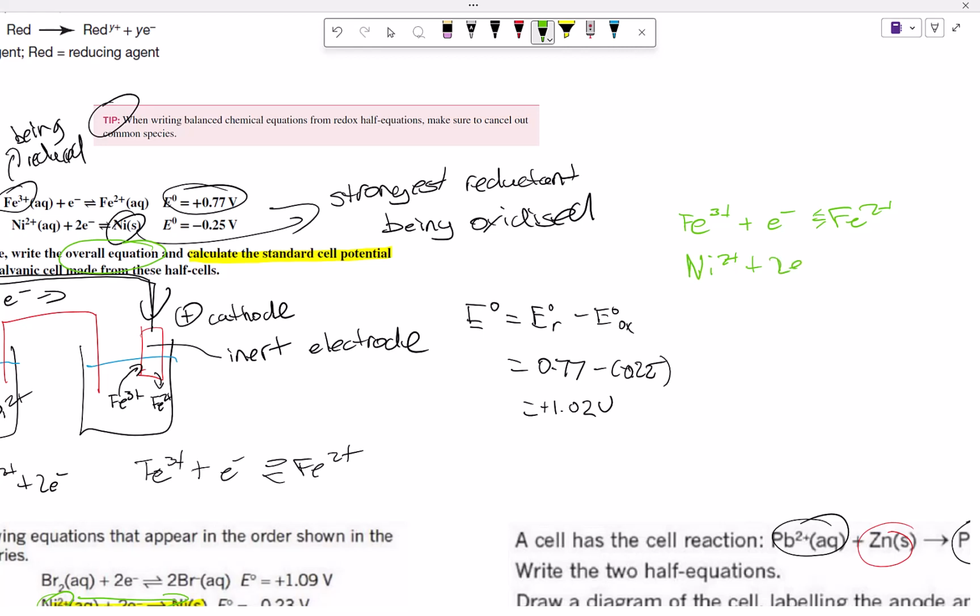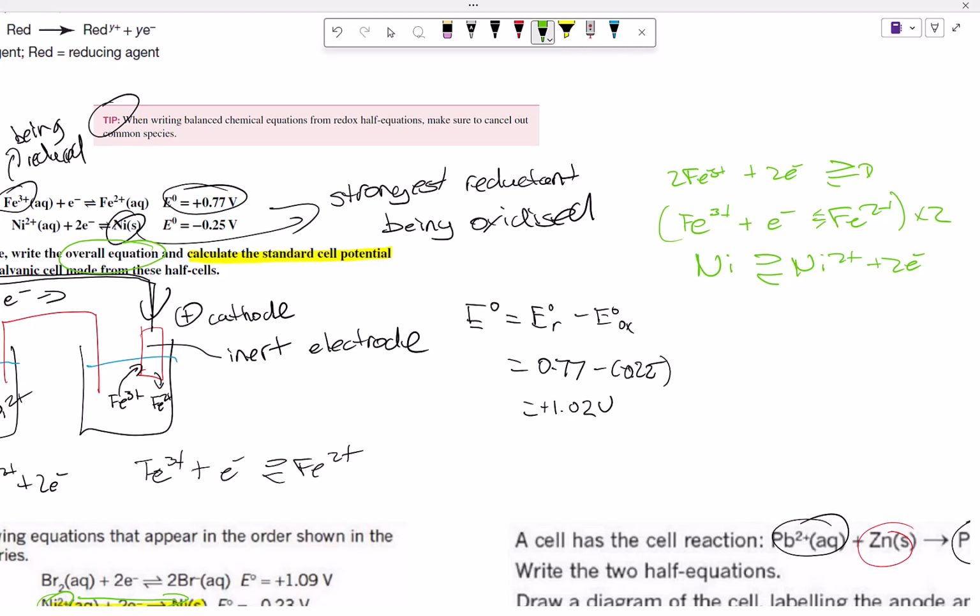Let me write it as I need to write it here. It's going to be nickel goes to Ni2+ plus 2 electrons. That means here I'm basically going to multiply everything by 2. And so what it's going to look like is 2Fe3+ plus 2 electrons gives me 2Fe2+.